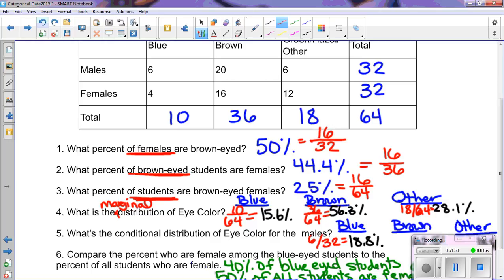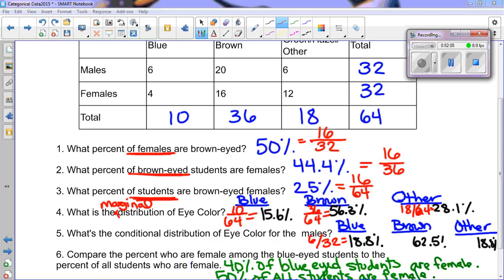I'm not a human one. Tell me what it is. So it's 18.8 is right? Okay, good. All right, brown would be what divided by what? 20 divided by 32. And then the other of the males is 6 divided by 32.